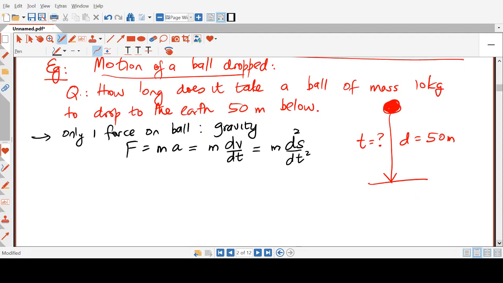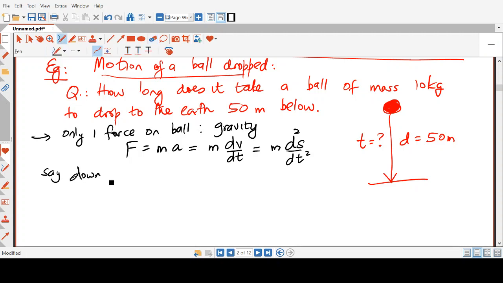Now you have to choose direction here. Say up is positive. I had a different problem here, but I just changed it. Okay, say down is positive.